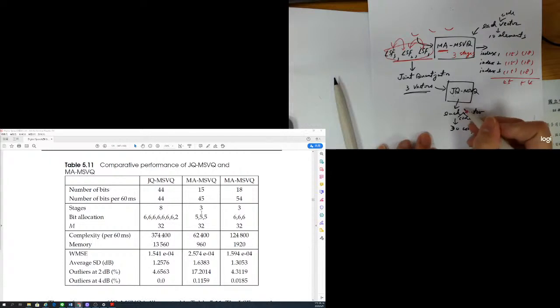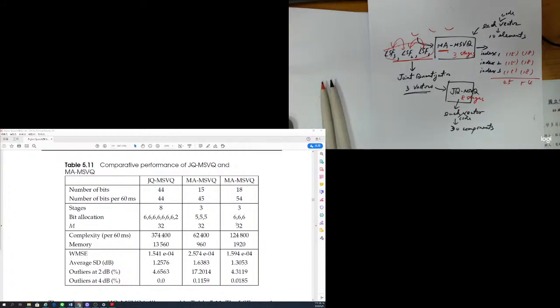This one is using the A stage, and also they use M-base, the same M-base. Sometimes with the joint vector, because your vector dimension is higher, the complexity will be higher. The memory also takes more, because your codevector becomes bigger.